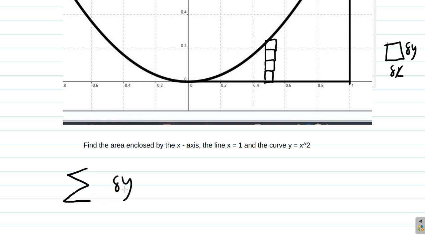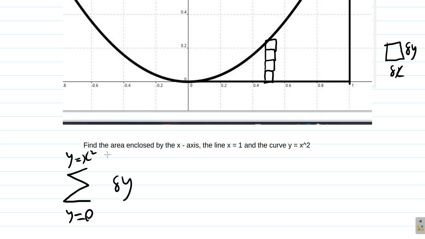Then what we're going to do is consider what it is we're adding up, from where to where. Well, we're adding up from y equals 0 up to y equals x squared.